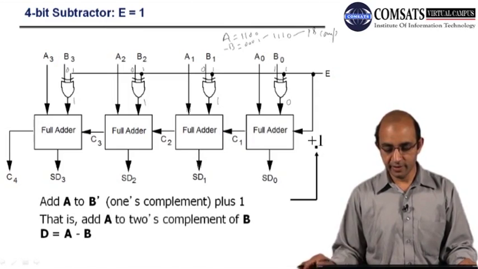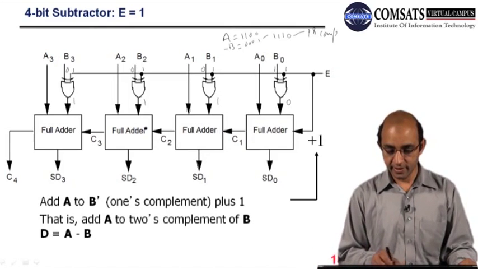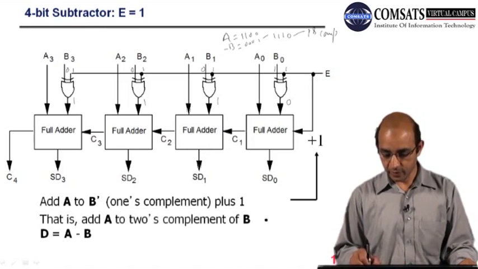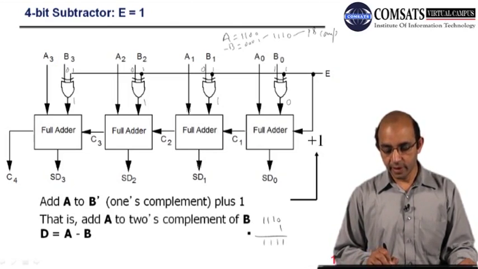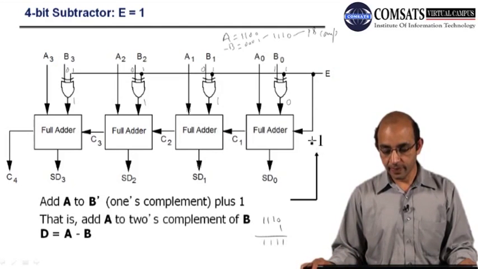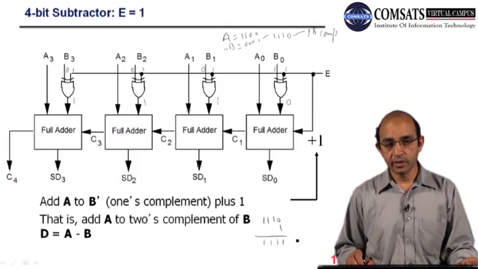If we have a carry here, that carry will be added, so what we will be doing is 1 1 1 0, this is the 1's complement, and I have to add 1. So this is the 2's complement, because we add 1 at the least significant bit.